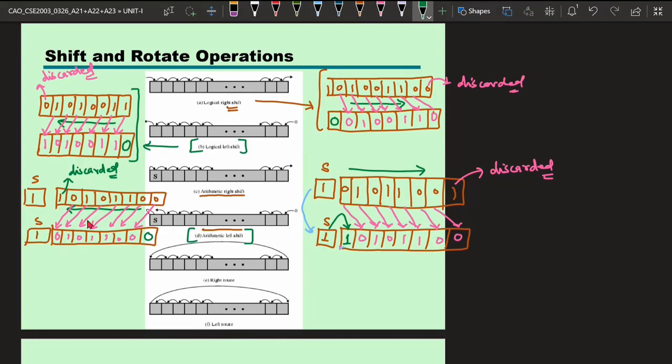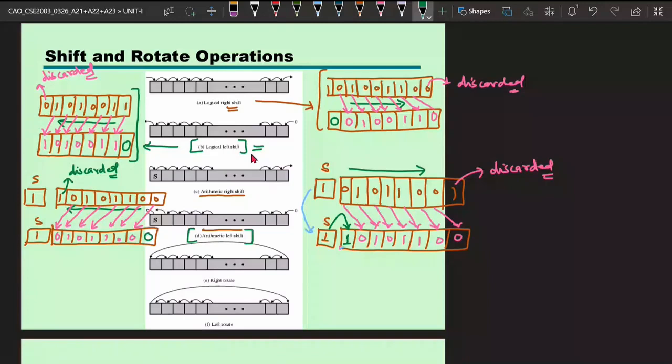So the basic difference between arithmetic and logical will only be reflected in terms of arithmetic right shift and logical right shift. There, the use of this sign bit will be there. But in case of left shift, there is no use of this sign bit. So the meaning of arithmetic left shift and logical left shift will be the same.